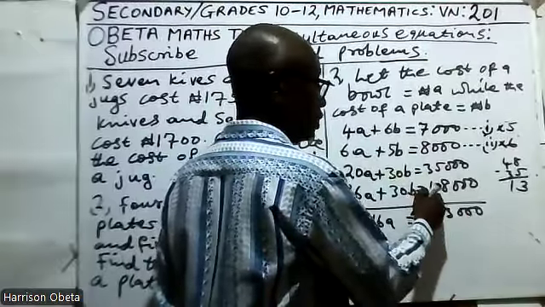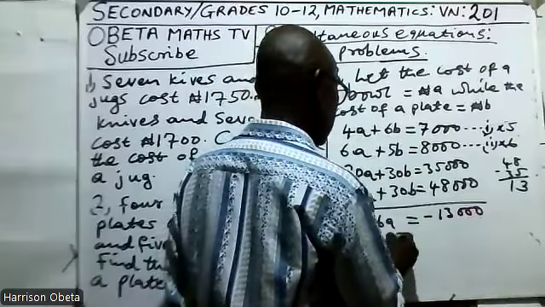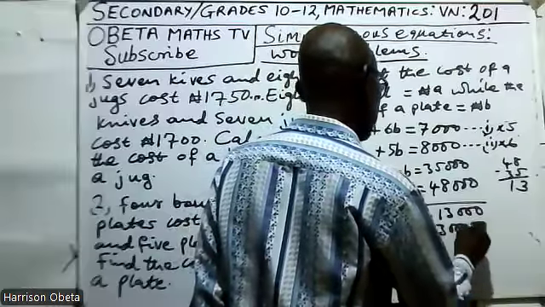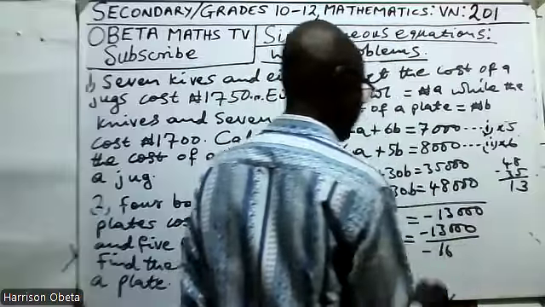Therefore, a is equal to minus 13,000 all over minus 16.